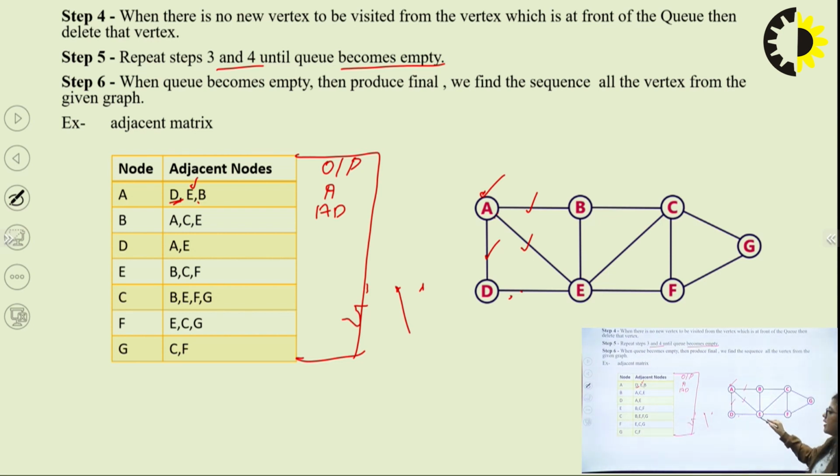E has adjacent nodes D, A, B, C, F. Check which nodes are already printed and which are already inserted in the queue.